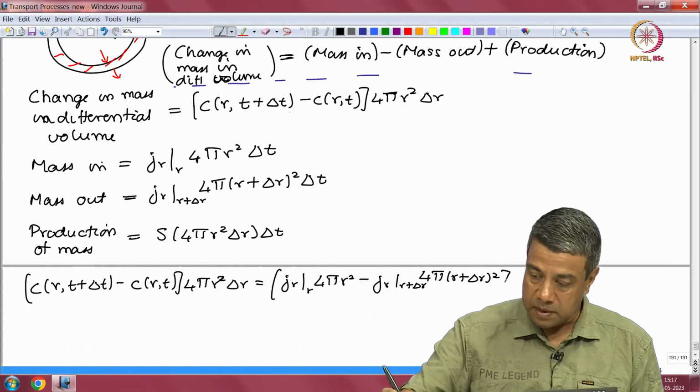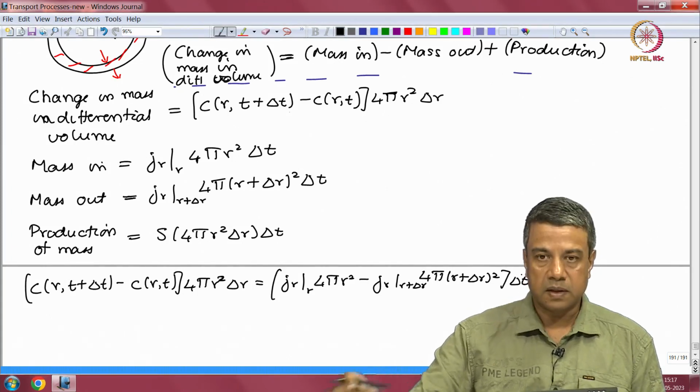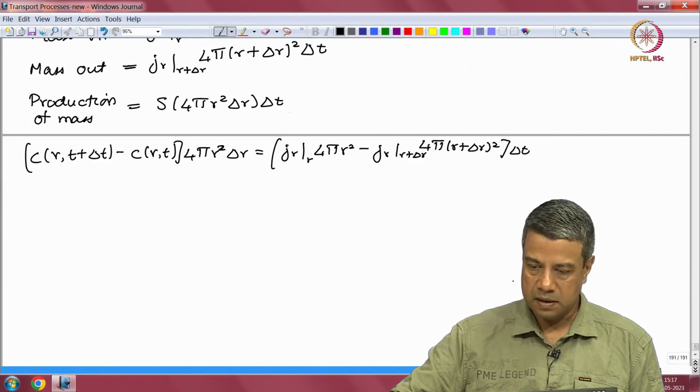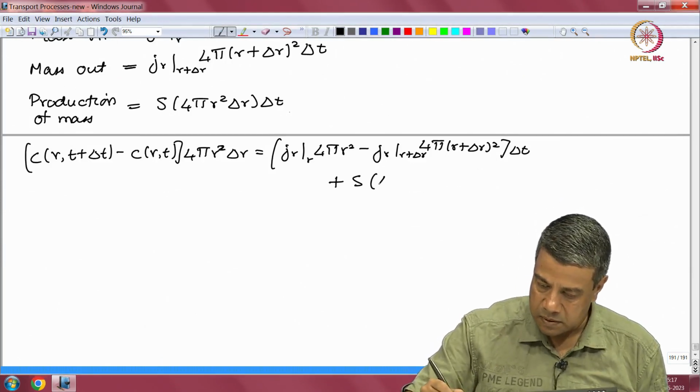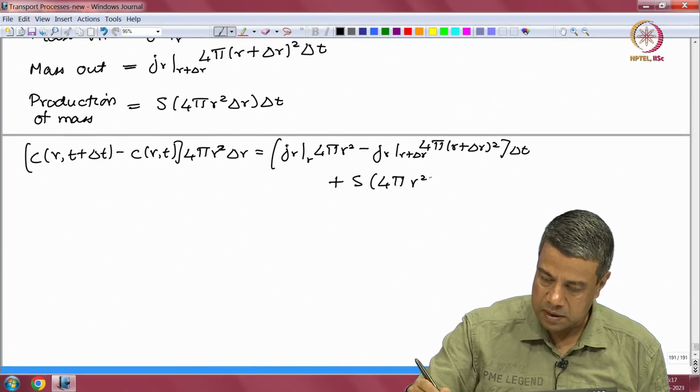The whole thing has to be multiplied by delta t, plus the source term, which is s into 4 pi r square delta r into delta t.